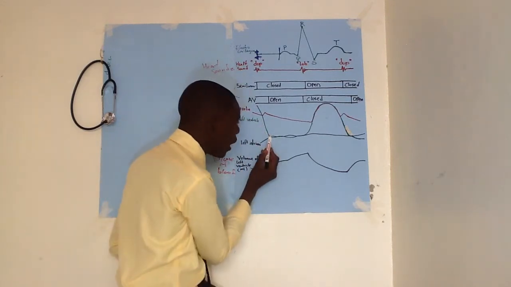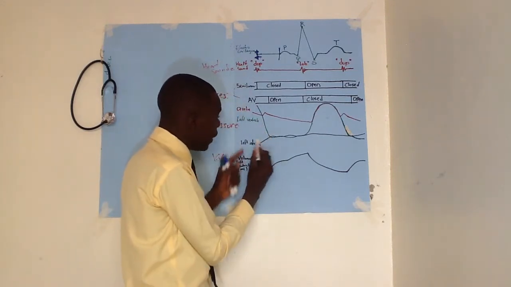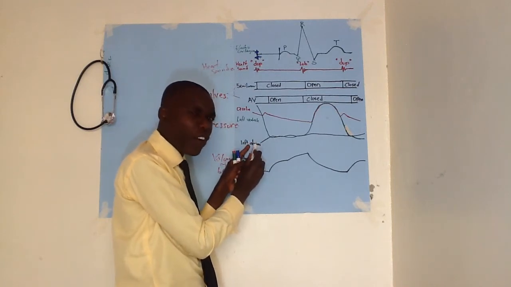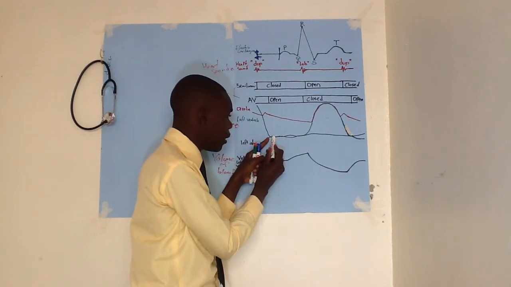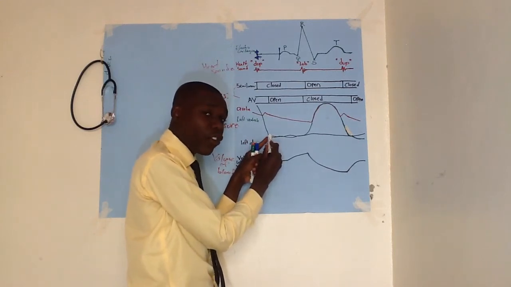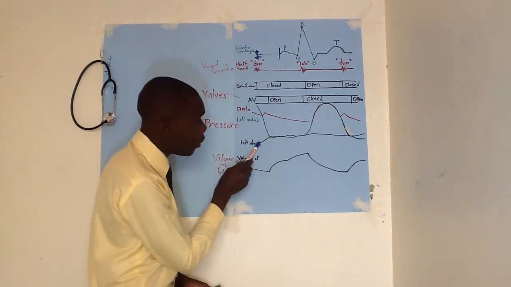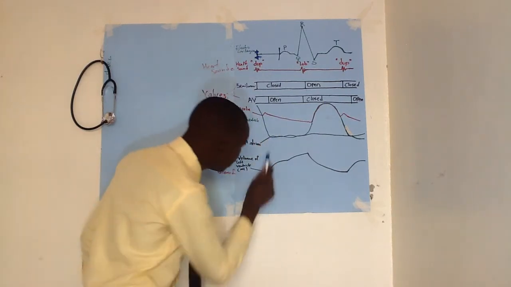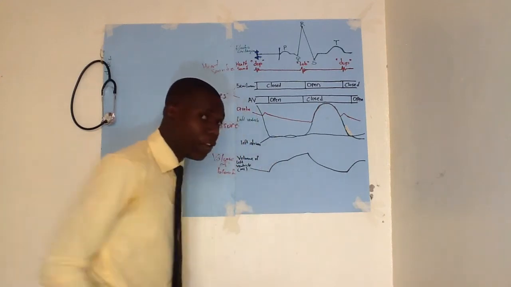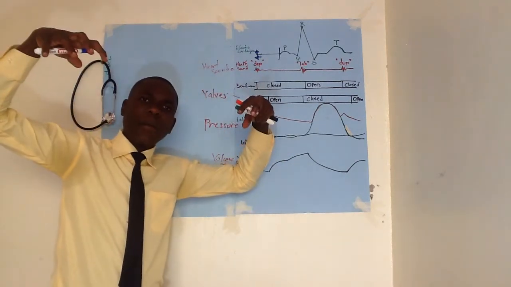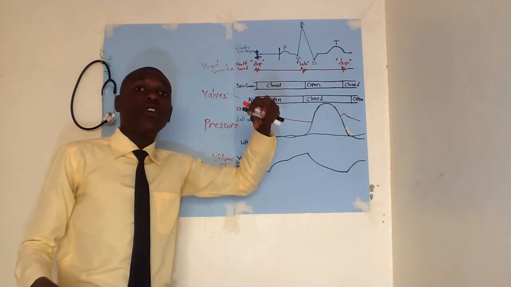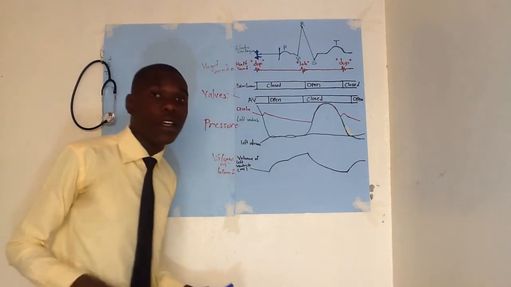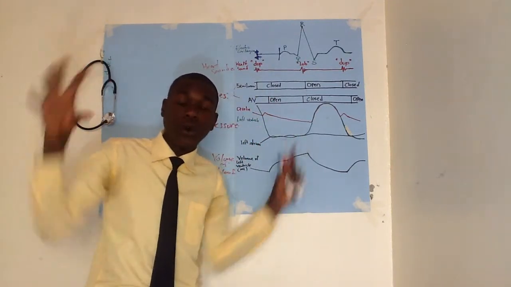And a point is going to come where the atrial pressure, the one in black, is going to be higher than the ventricular pressure. At this point, when the pressure in the atrium is higher than the pressure in the ventricle, it is going to force the atrioventricular valves, the valves between the atrium and the ventricles, open.